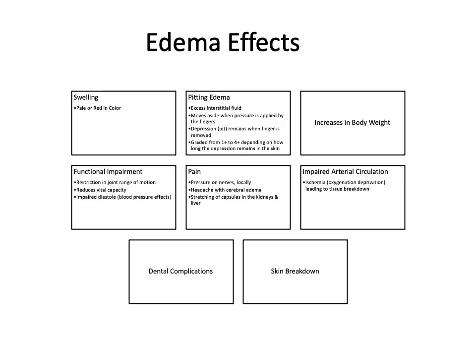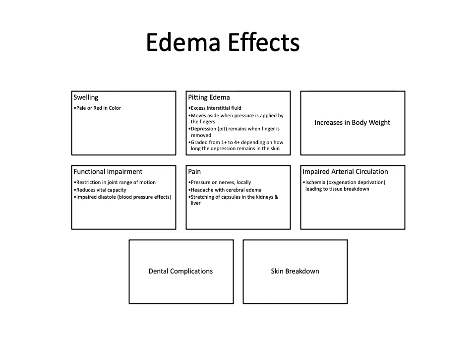We have different effects when it comes to fluid overload and edema. So the first thing is that you can have, of course, swelling, and sometimes the area that is swelling, you do become pale or red in color. You do see pitting edema, and this is due to excess interstitial fluid. And most times when we have pitting edema, if you were to do a physical assessment on the patient, you would press your fingers on the area that is swollen and you would look to see if there is an indentation.